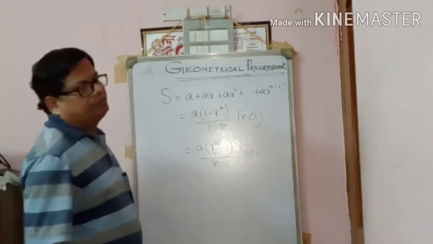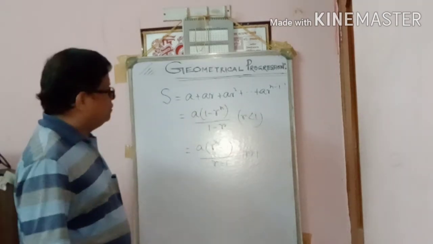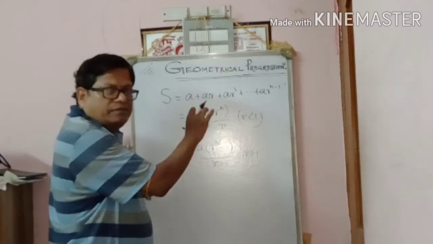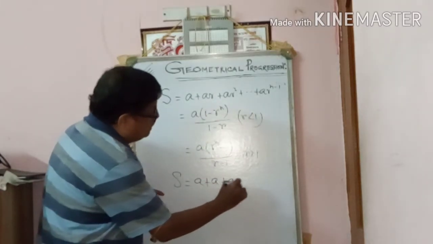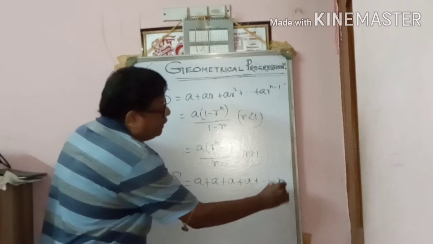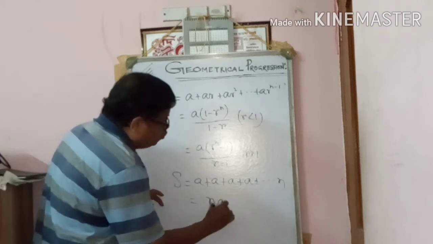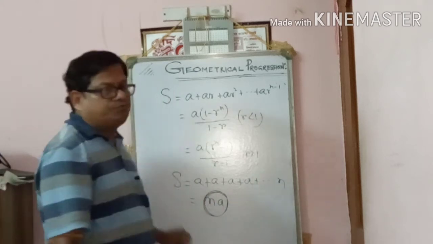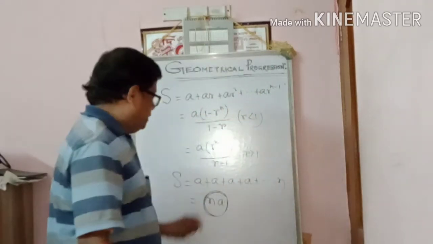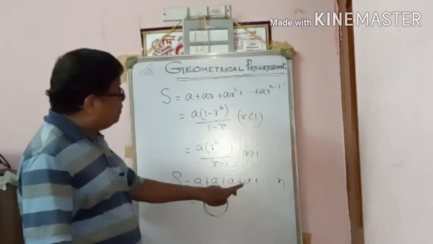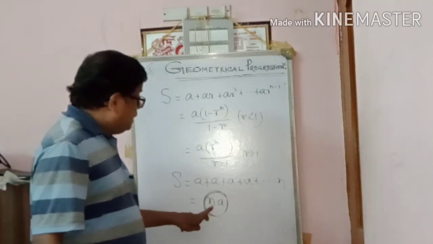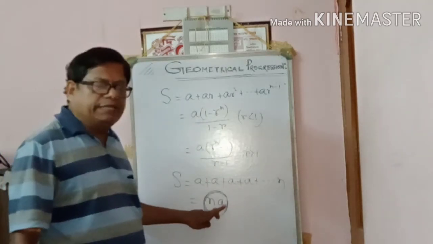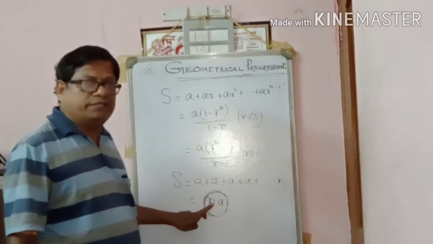If R equal to 1, so put here A, see, A plus A plus A plus A up to n terms will be n into A. Keep in mind. n into A. MCQ short type question. Keep in mind. A plus A plus A plus A up to n, plus sign is there. So it will be nA. Okay. n into A. Keep in mind.